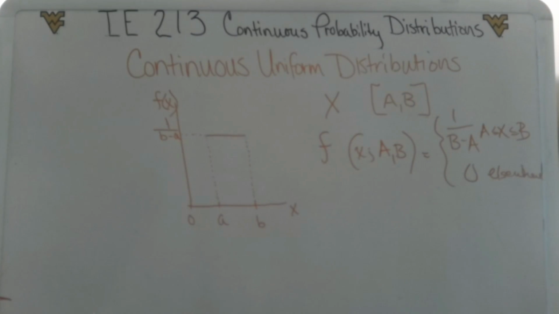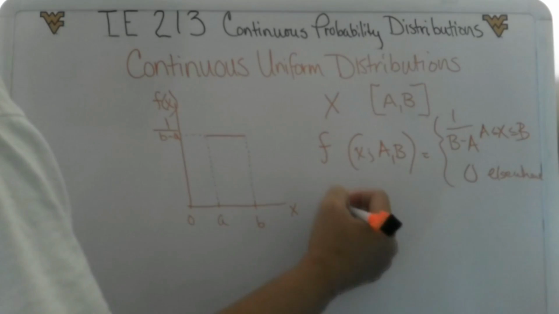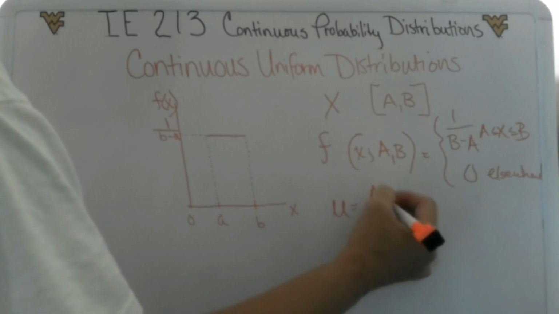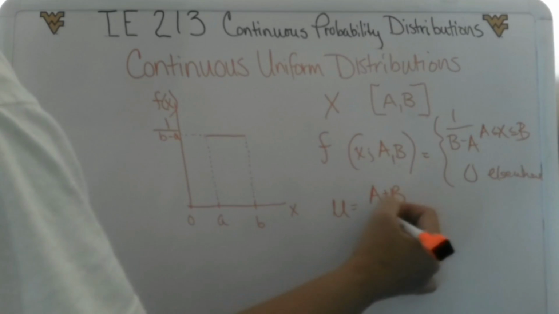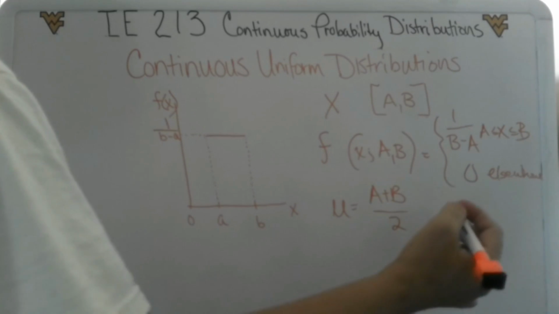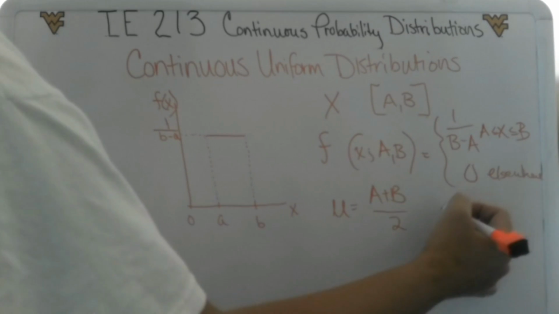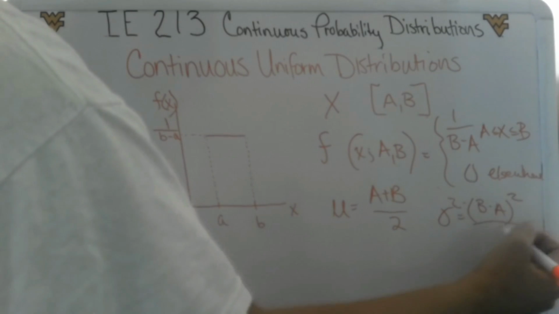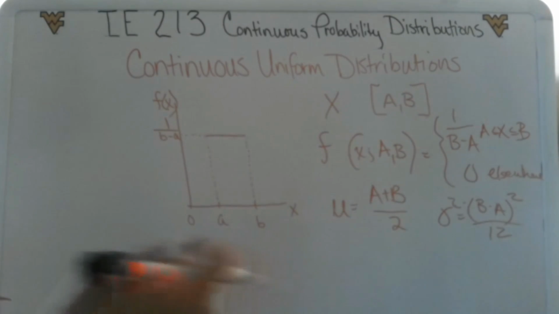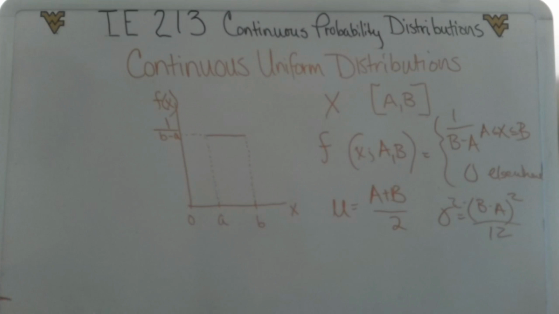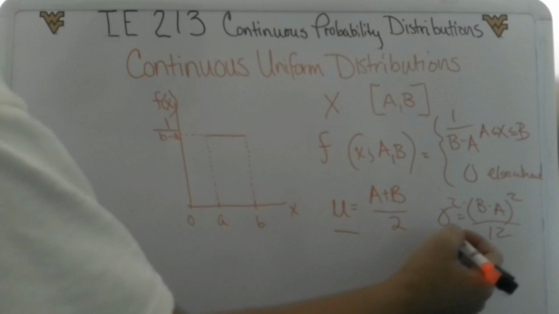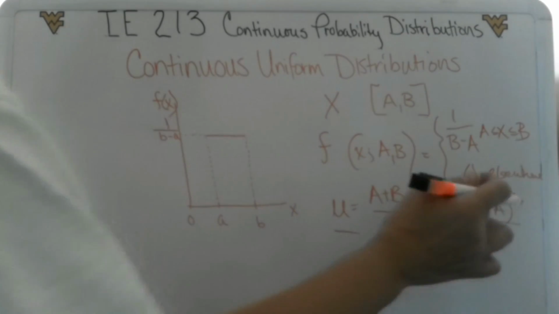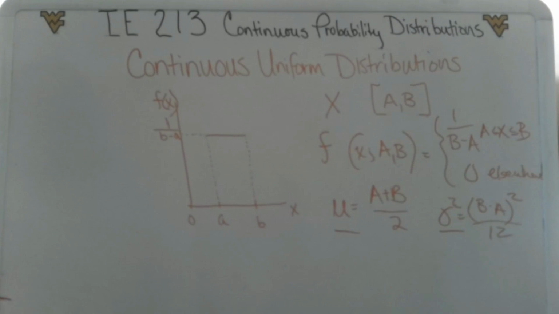And the mean, mu, would be equal to a plus b divided by 2, and the variance would equal b minus a squared divided by 12. So our density function, and then our mean, and our variance, and then obviously the standard deviation would be the square root of that.